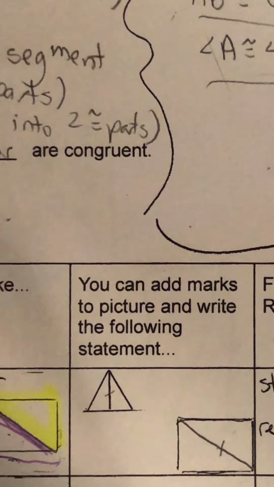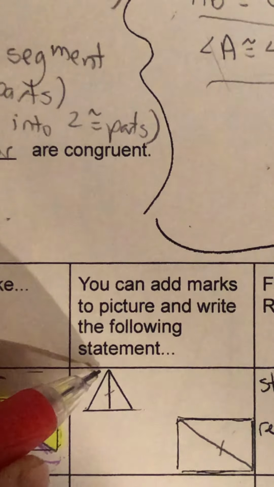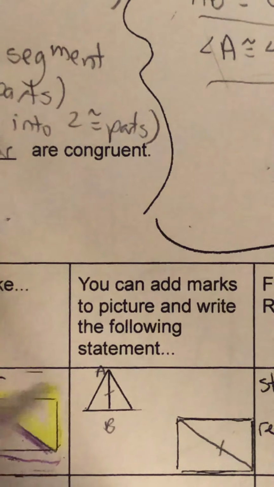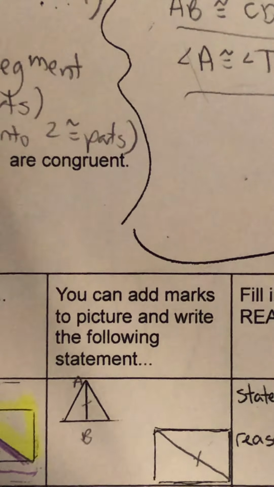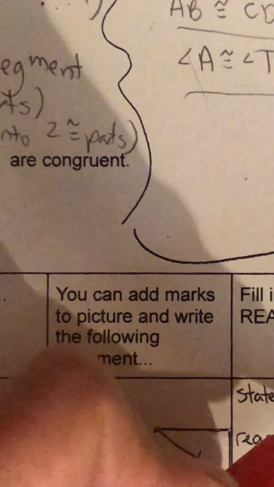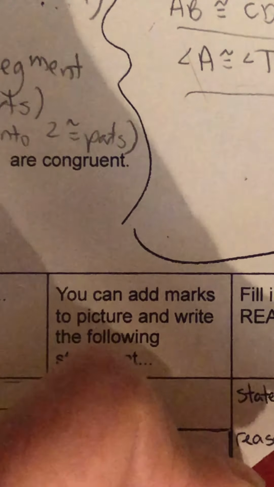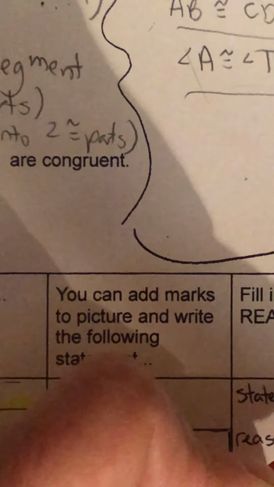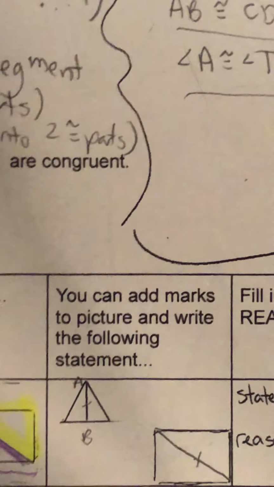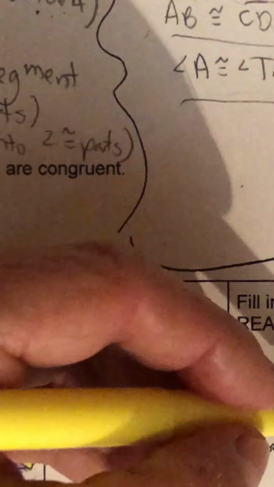And so a statement might look like, let's call this side maybe AB. A statement on the left side of the proof would look like side AB in the yellow triangle is congruent to side AB in the purple triangle. You won't be using colors, but I just want to emphasize right now.